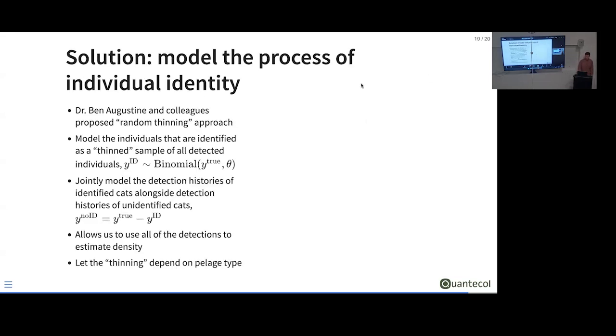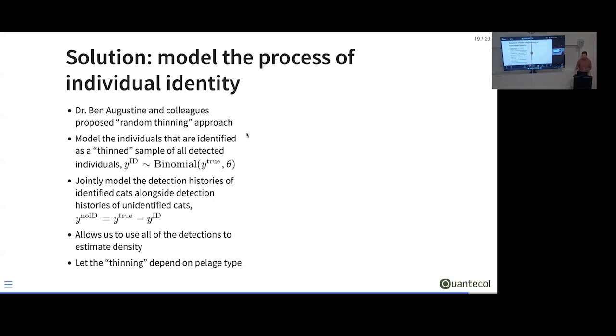And Ben's solution was this random thinning approach, where you consider the detections that come from identified cats as a binomial thinning process. You've got your true detection history, which you can't observe because you don't know which ones are identified. The identified ones are a binomial subset of that with this random thinning parameter.